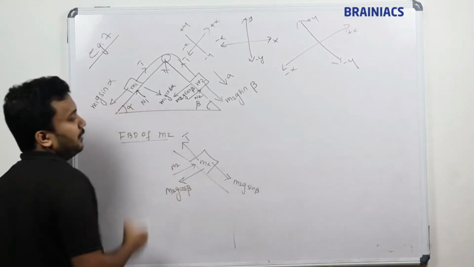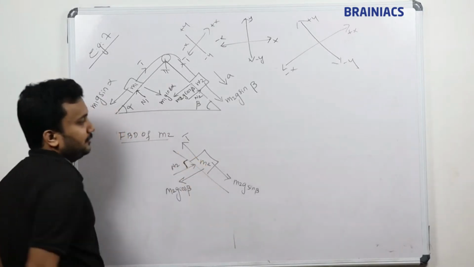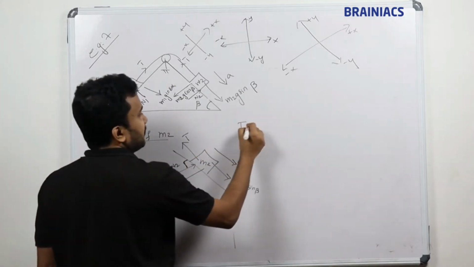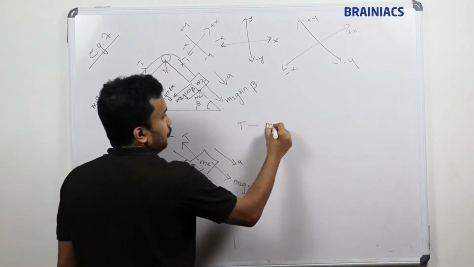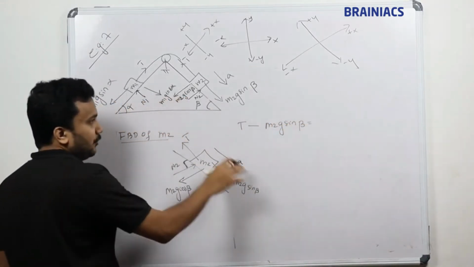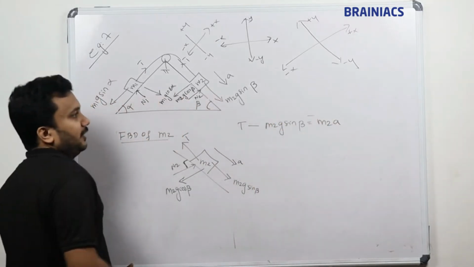Normal reaction is always making 90 degrees with the surface, exactly 90 degrees with the surface. So acceleration is in this direction, and we will write the equation. T is upside, so T minus m2g into sine beta is equal to minus m2a, acceleration in the downward direction. That is one equation.